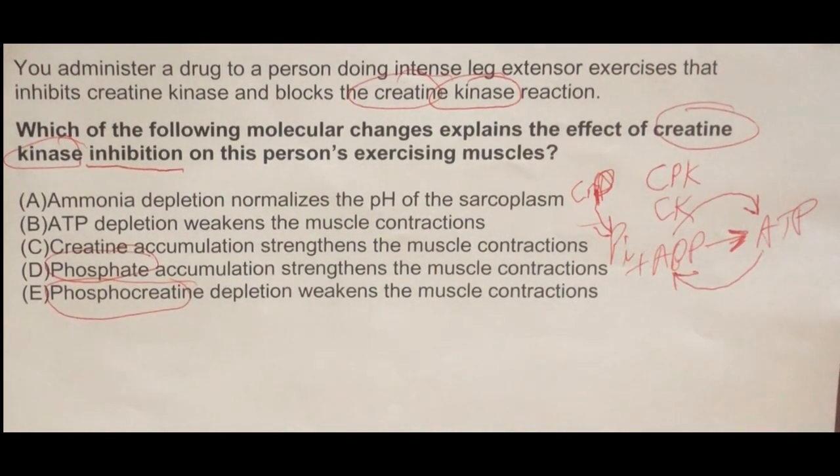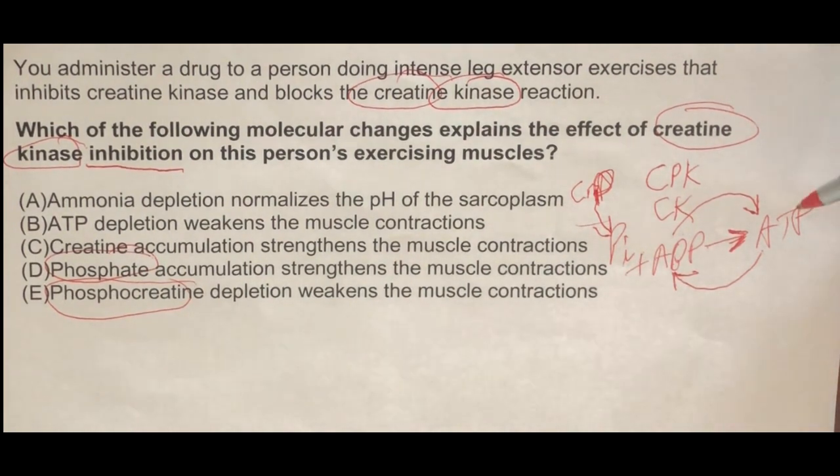What about ATP depletion weakening the muscle contraction? It's clear that ATP is the battery juice for the cell. It could be that ATP depletion is going to weaken the muscle contraction.